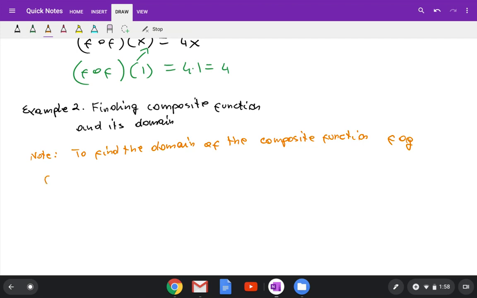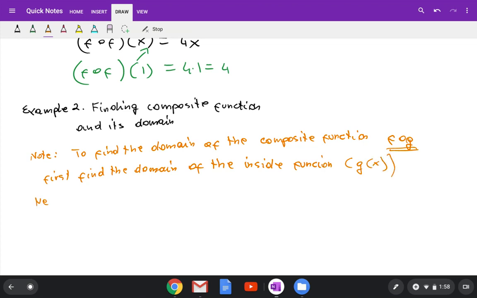First, find the domain of the inside function, because the inside function becomes the input of the entire composition. So find the domain of inside function. In this example, inside is g of x.